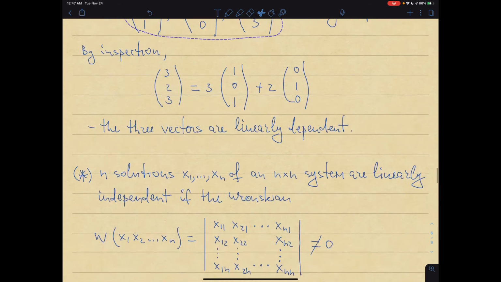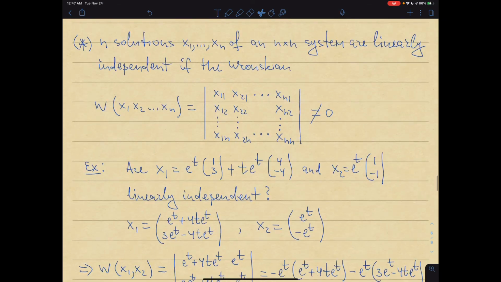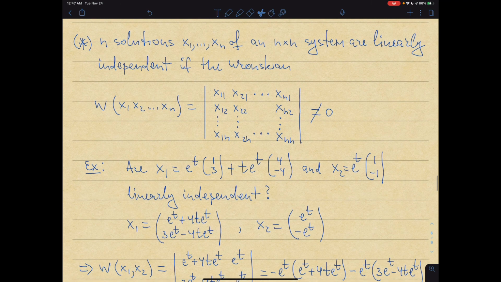Okay, but our goal actually is not to talk about the vectors per se, but what we want to know is whether or not the n vector functions that you got are linearly independent or not, just in the same way as it was the case for solutions of ODEs.